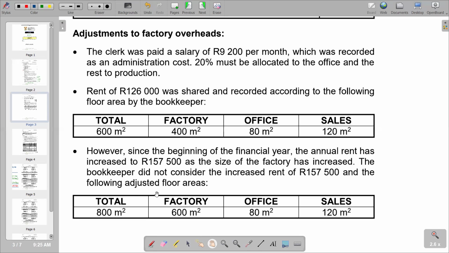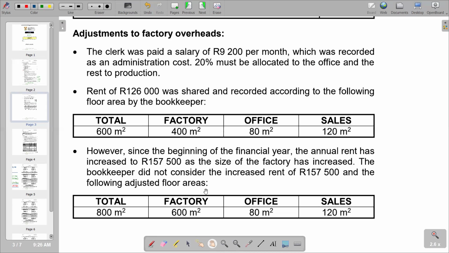So we have an adjustment in terms of the rent, whereby it has increased to 157,500, whereby the new floor areas will be given as follows. So for the factory, we're going to say 600 over 800 times 157,500 for the new. So basically, we want to adjust for the increase, which is going to change the rent.